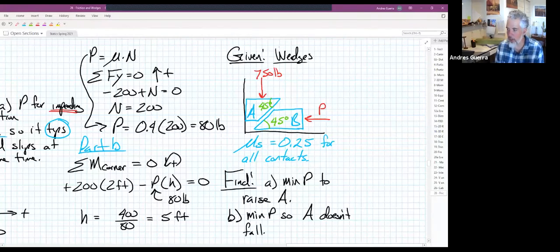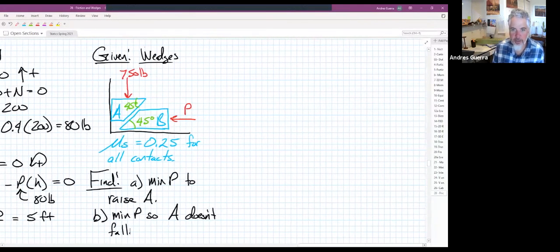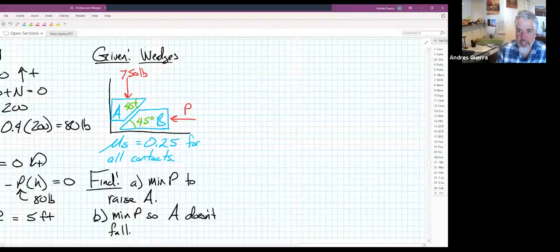Those two parts change the direction of impending motion. It drastically changes the value of P. The P for part A is going to be more than 2,000 pounds. The P for part B is going to be around 200 pounds. So by changing the direction of impending motion, all the values change by a significant amount.